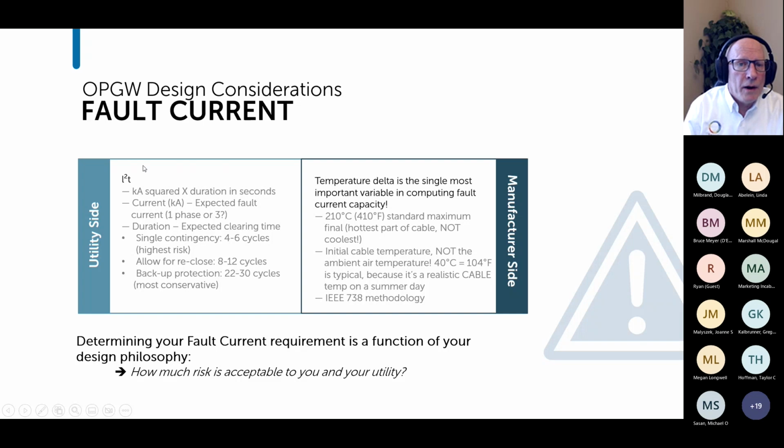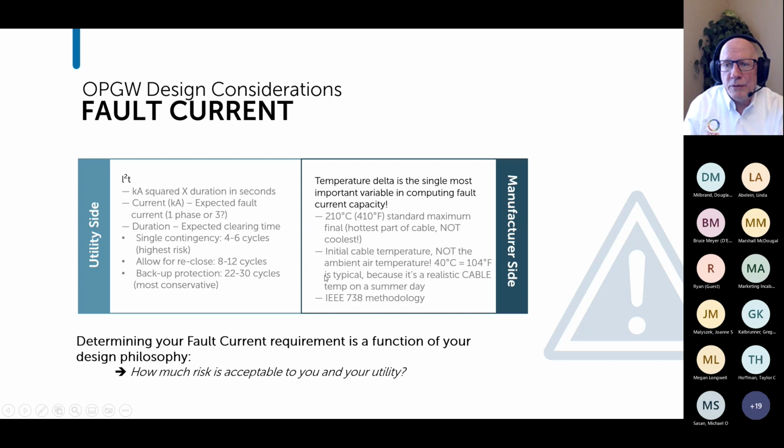Obviously, the higher this rating, the more metal you've got to have in the cable, and there's a ripple effect of that. The duration of the fault is also a factor, and that too is going to potentially increase or decrease this number. Basically, it's part of the calculation. Ultimately, when you do a deep dive into these, it boils down to how much risk is acceptable to you and your utility.